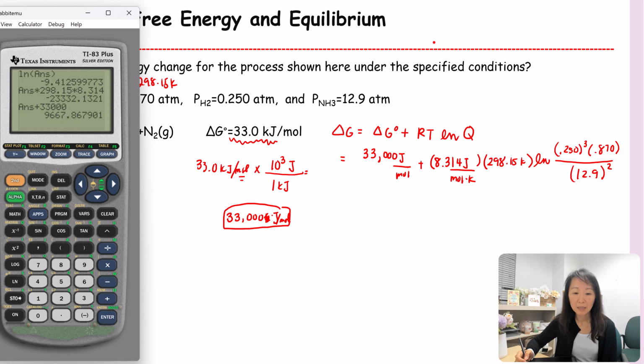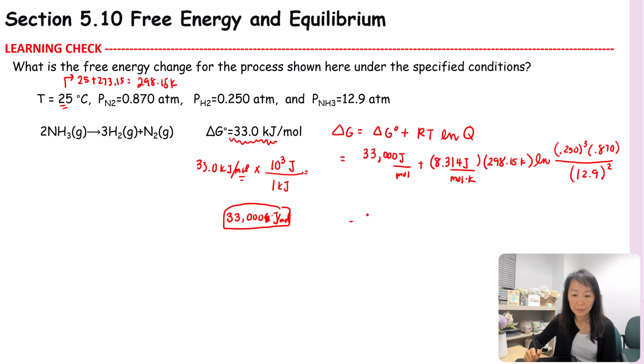And let's keep this as it should have been at 3 sig figs. Most likely I will ask you to specify how many sig figs. I'll say, hey, put it in 3 or 4. So if I were to put this in 3 sig figs, it would be 9,670. And what's the unit? It's joules per mole.